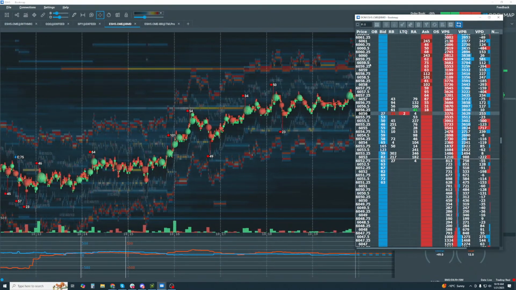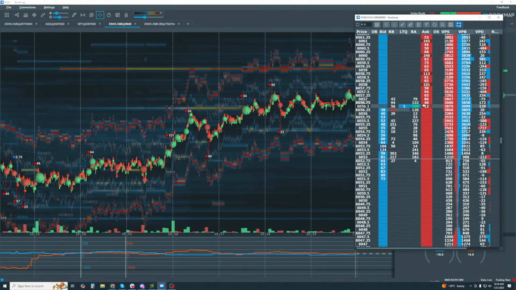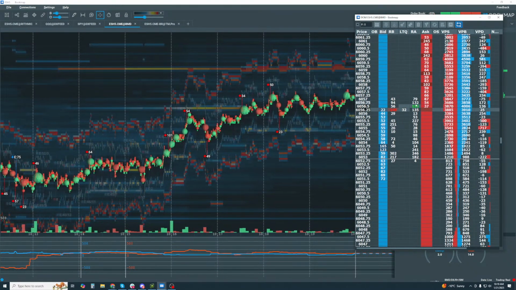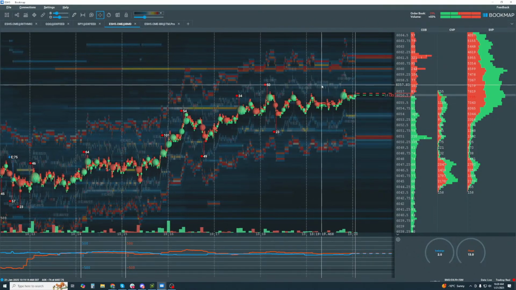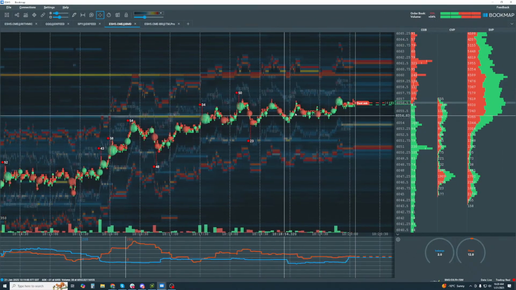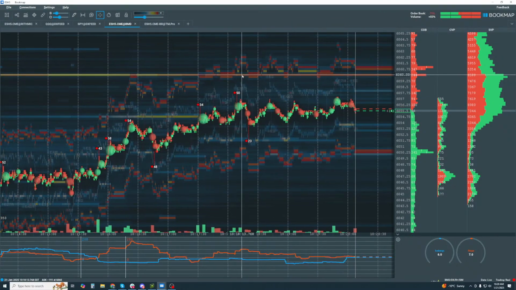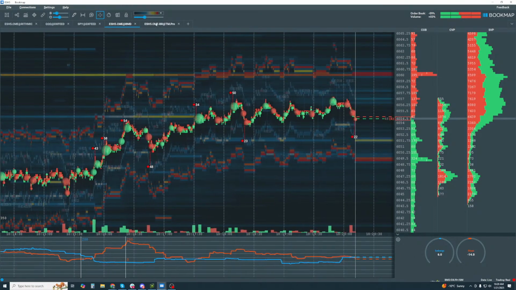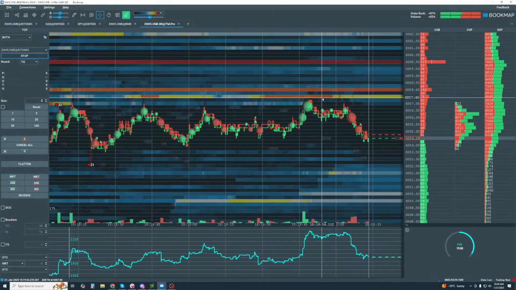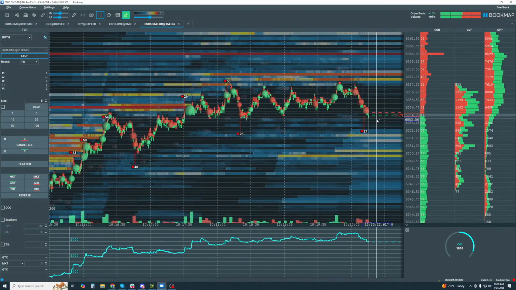Okay, so now let's relate this to Bookmap. All right, so here we go, and it's all here in front of us. Okay, those sellers are up here at this area here. And well, let's go over to the Trader Map Pro. Okay, I'm sorry.